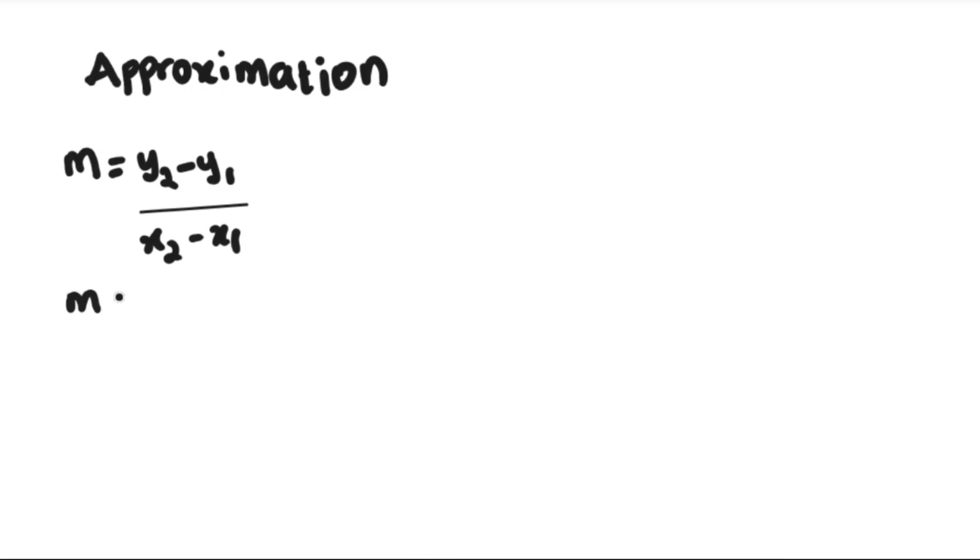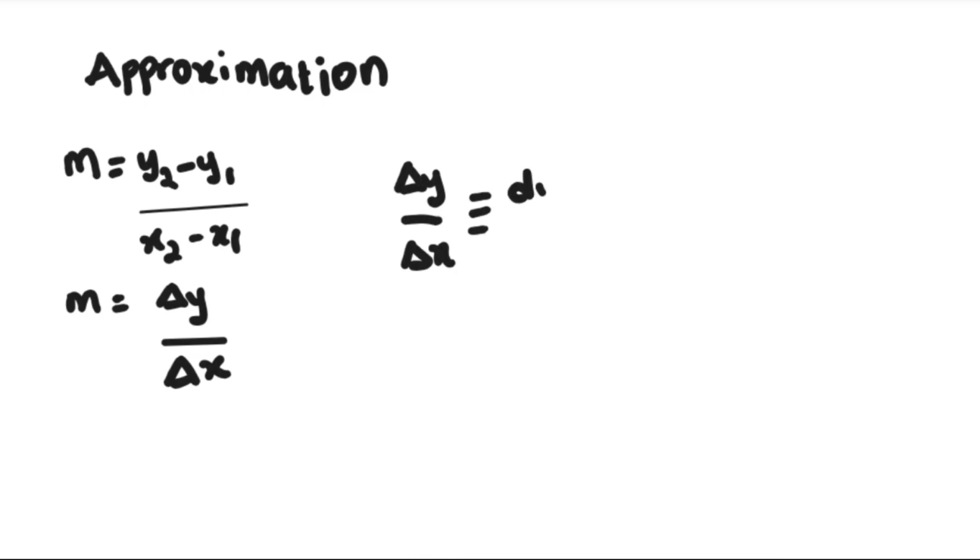So mathematically, our gradient is equivalent to our change in y, which we represent as delta y in maths, divided by our change in x, which we represent as delta x. So the concept of approximation in differential calculus is that delta y over delta x will be approximately equal to your derivative, which is dy/dx. This serves as the basic formula that we're going to be applying in this particular subtopic.